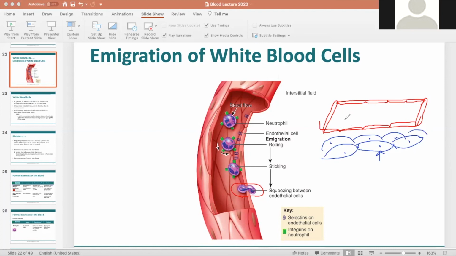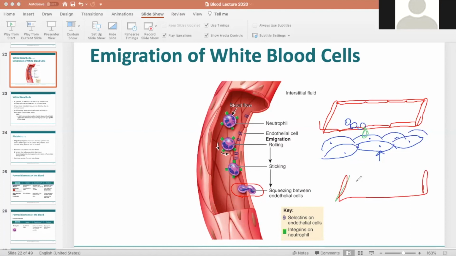So let's say that we have this blood cell, and it starts to roll along and marginate, and then it can move into the tissue spaces if it needs to. So when it's leaving through the capillary, that process is known as diapedesis, right?